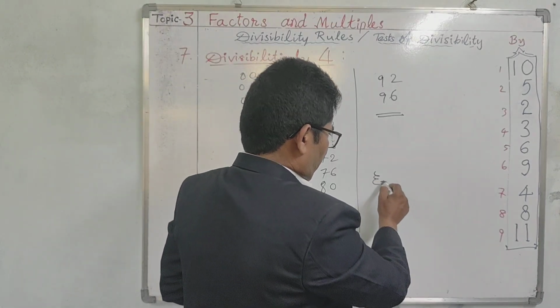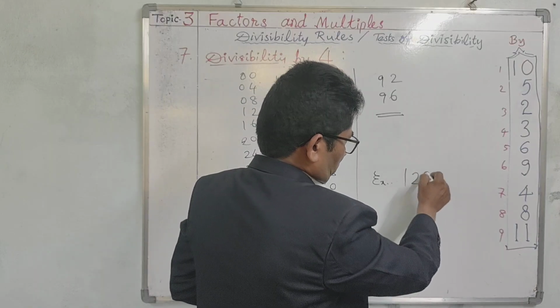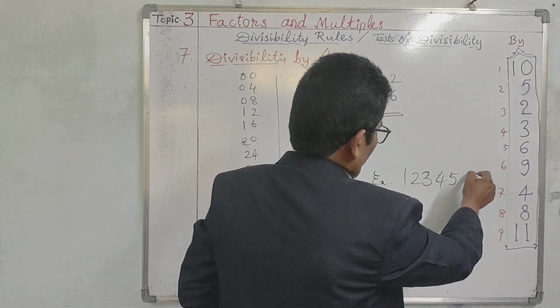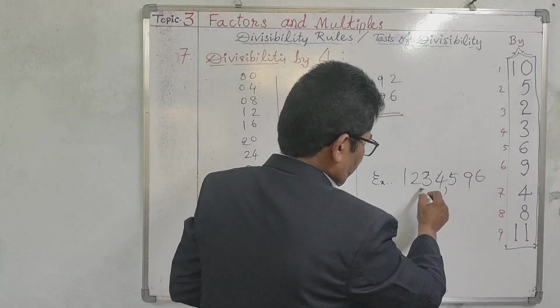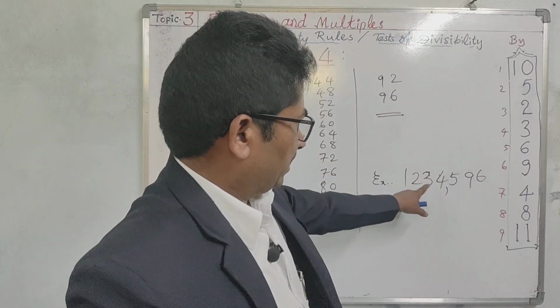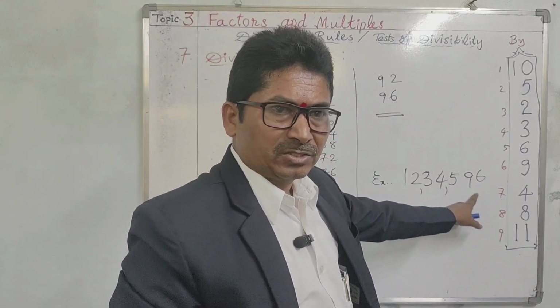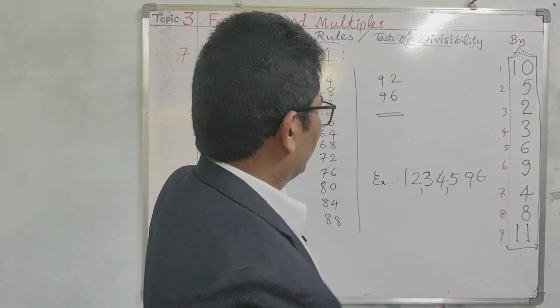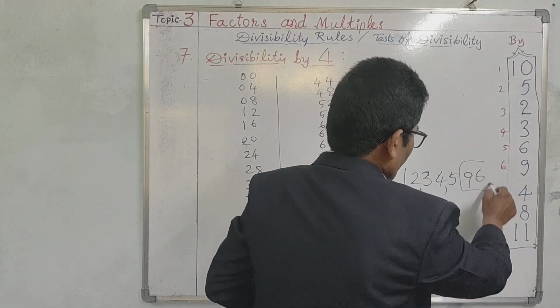Example, here is a number 12,34,596. Is this divisible by 4? Yes, we can say, because here we have 96.